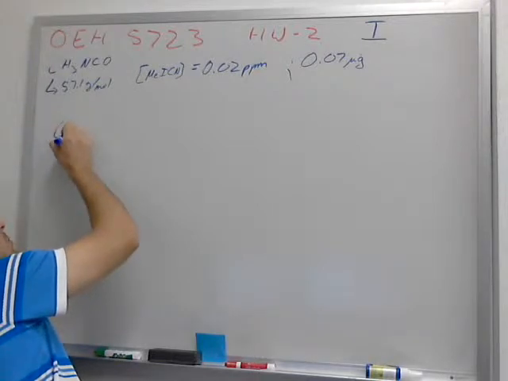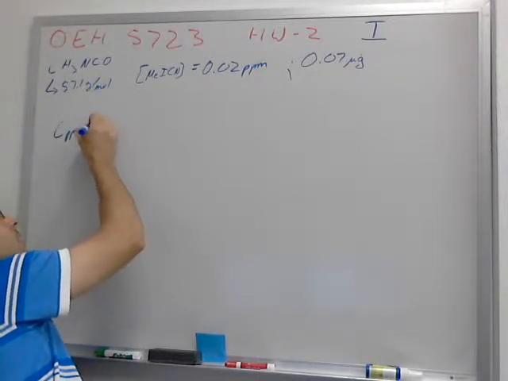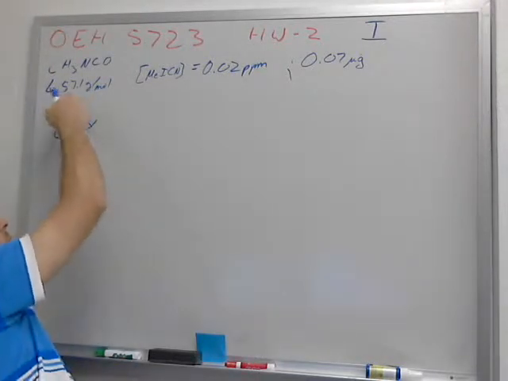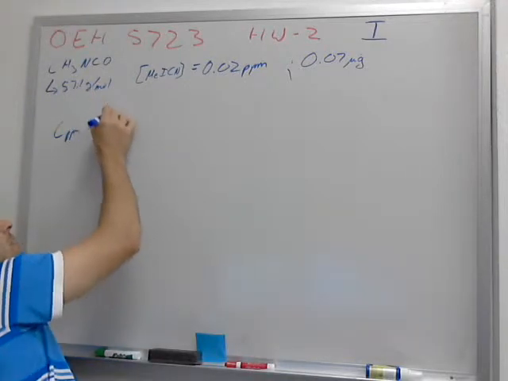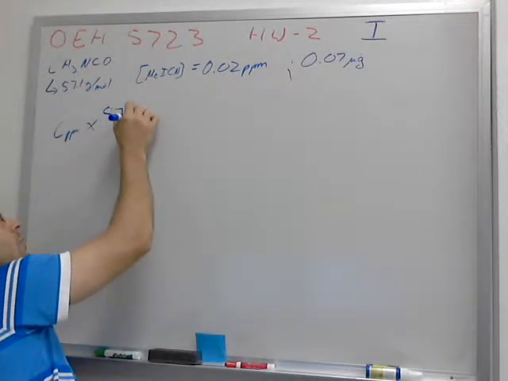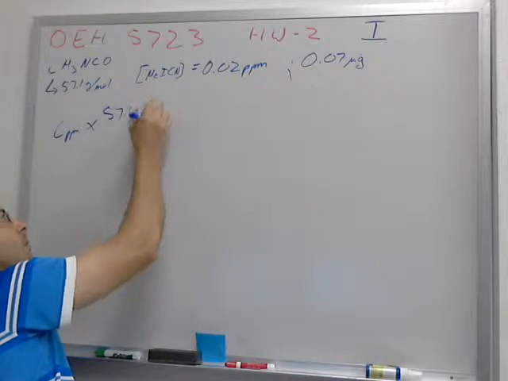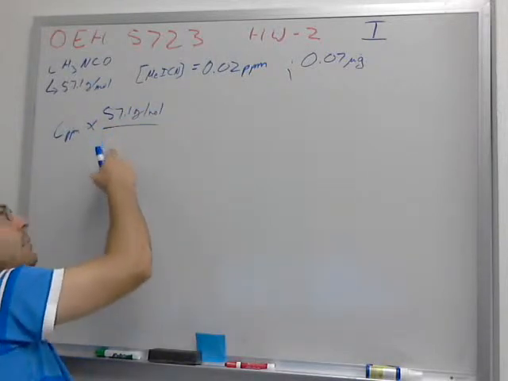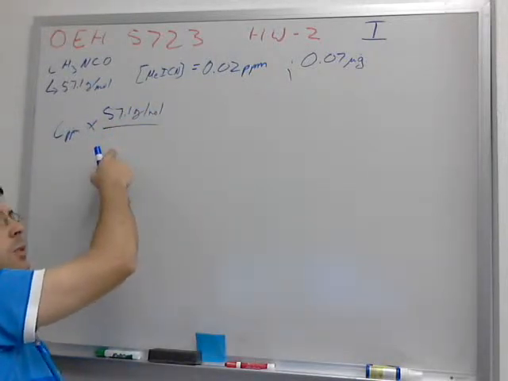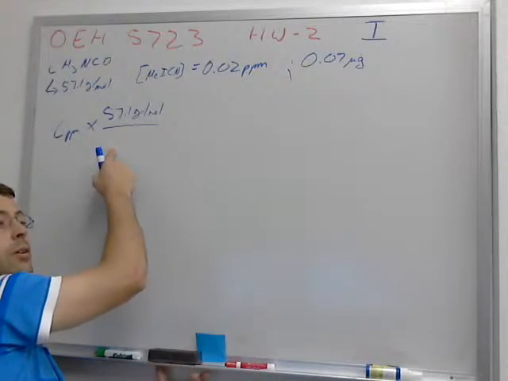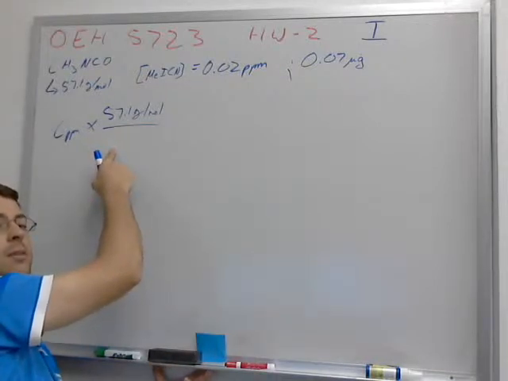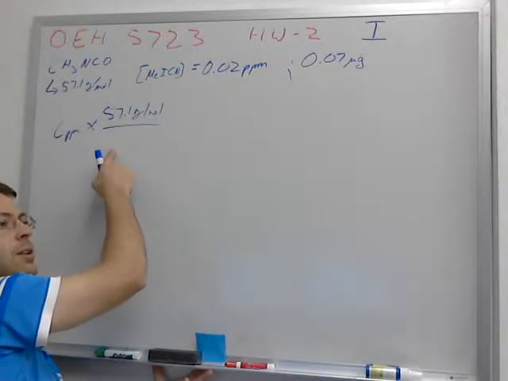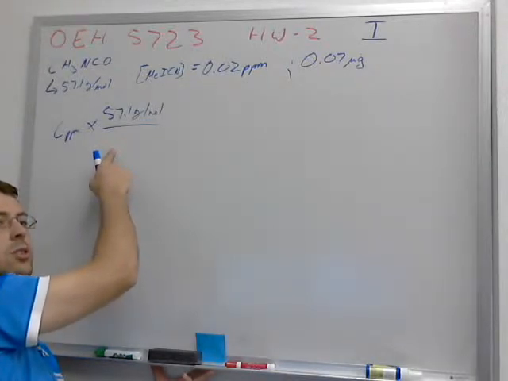So concentration in ppm times our molecular weight, so we get into mass units, 57.1 grams per mole, and divide by volume. But what volume do we use? We use molar volume. So the problem tells us we're at 25 C and 1 atmosphere. So that we should already know, because we've calculated it numerous times on this homework set.